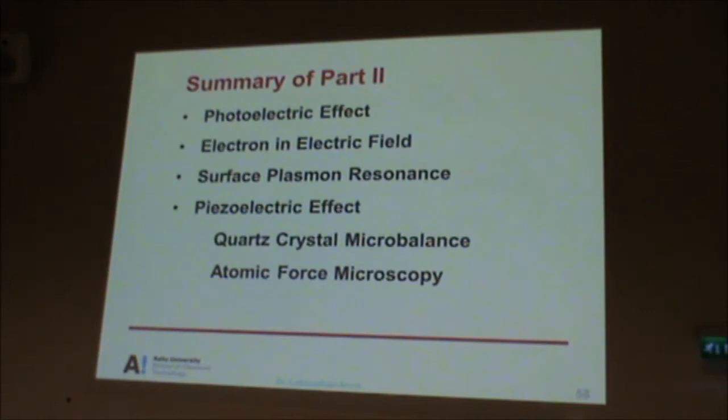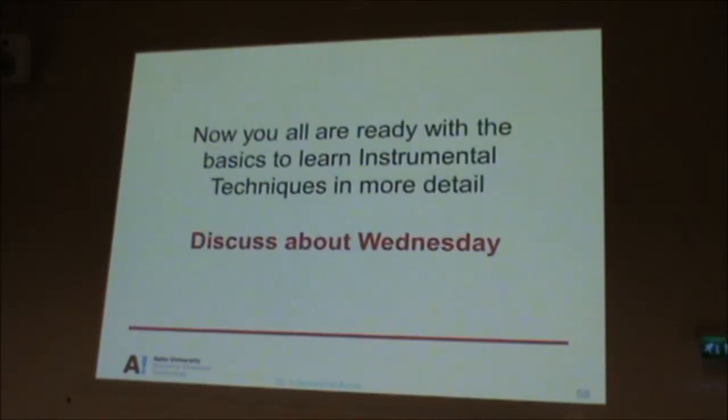One is quartz crystal microbalance, which is a surface sensitive technique where we detect the change in frequency and relate that to the change in mass of the electrode. And you have atomic force microscopy, where we have a vibrating beam, and that is used to image surface morphology. Okay, this is kind of all the basics that you need to understand, all the techniques that you're going to deal with for the rest of the course.